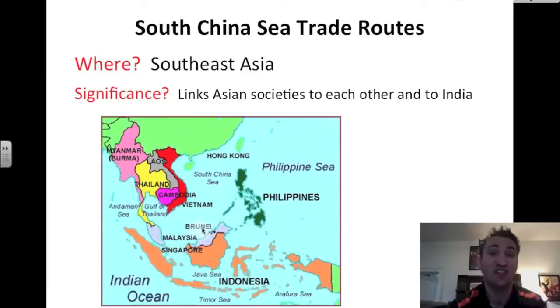And the South China Sea trade routes links all of these different Asian societies. China is to the north here. And it also linked these Asian societies to India. As you see, the Indian Ocean is in the left-hand corner.